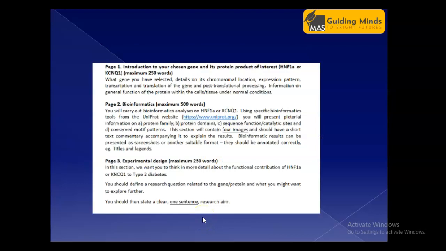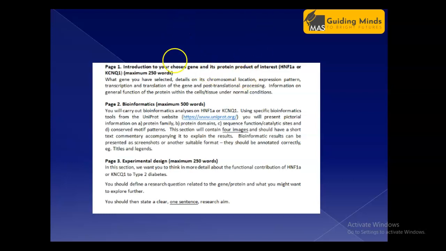so this is the assessment on which we are going to perform our bioinformatics analysis. So the assessment is asking to choose a gene and its protein product of interest where the genes have been given, that is HNF1A or KCNQ1, that will be selected as the gene, and we have to define what protein has been expected from this.